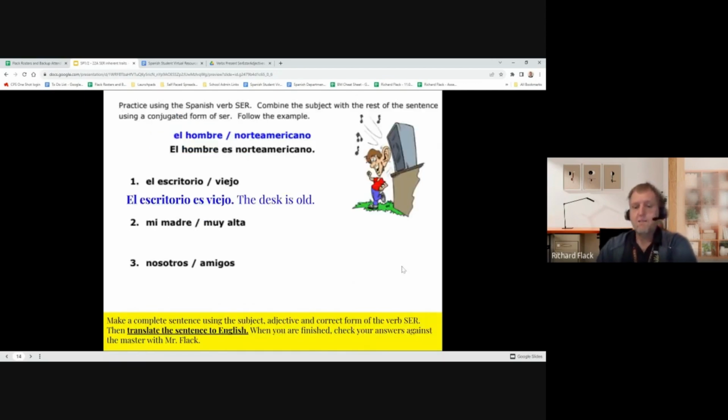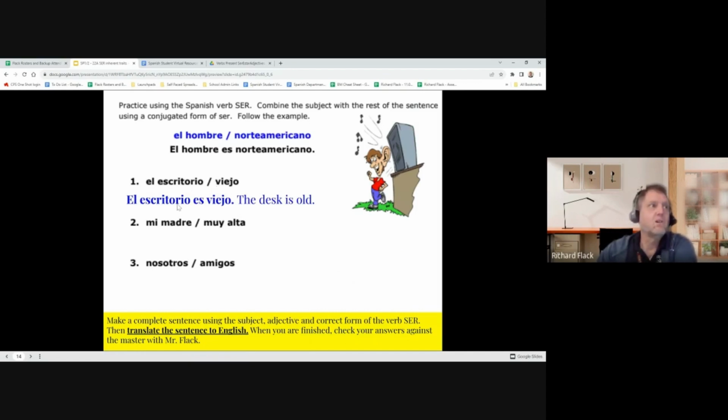The second side, second page, is a little trickier. You're given a pair of words here. The first one is the noun, el escritorio, the desk. And then you're given an adjective, viejo. Your job is to put those two things together using the verb ser to make a complete sentence.